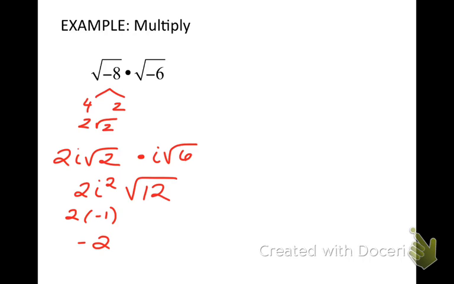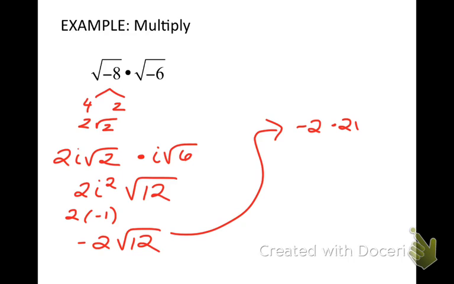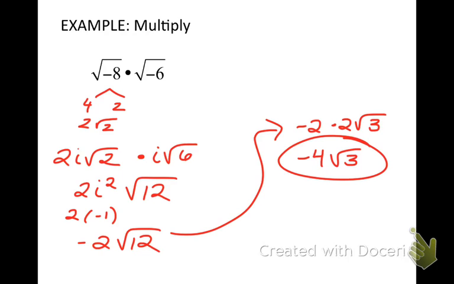What does the square root of 12 simplify to? 2 square roots of 3, times that -2. So now we have -2 times 2 square roots of 3, which would be -4 square roots of 3.